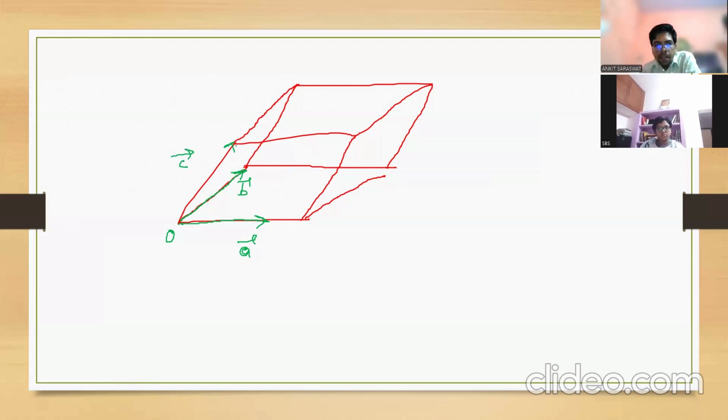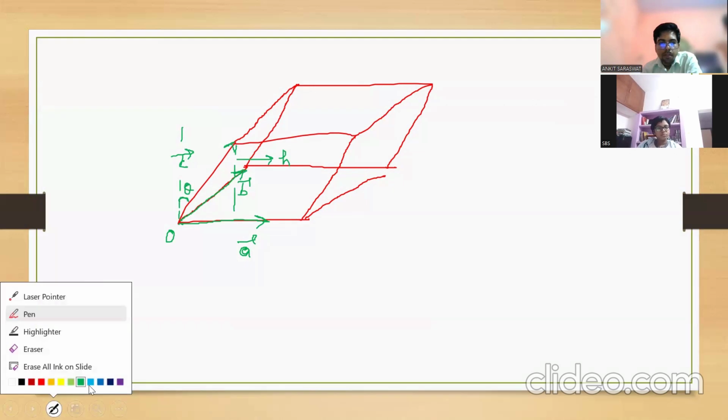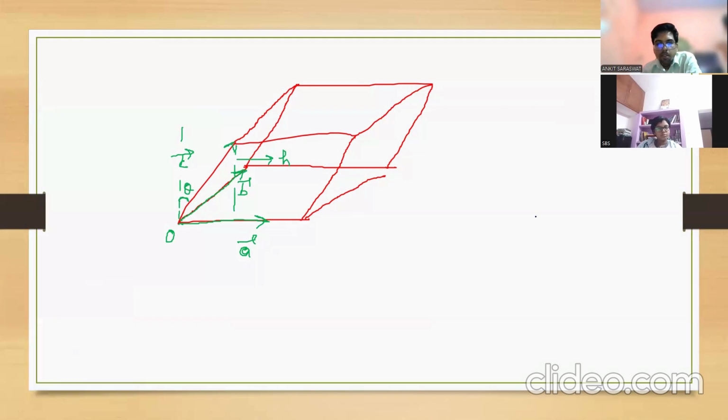If I say this is our height, and it is a little bit inclined, like this, theta. Now if I ask A cross B, A cross B will give the vectorial area.